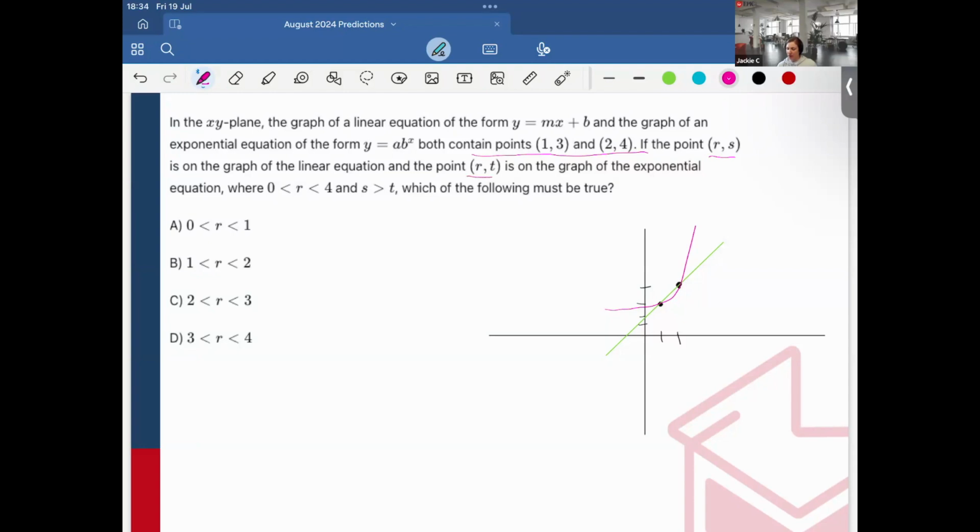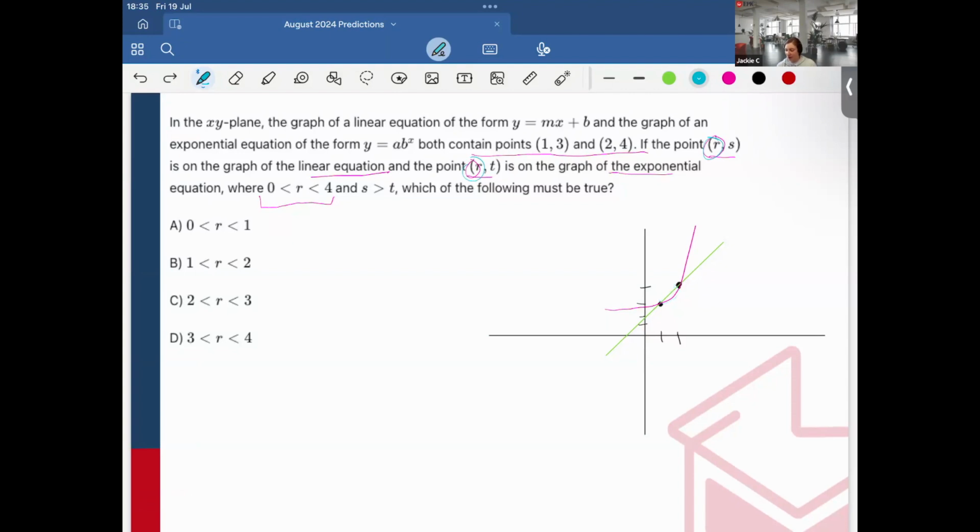And then I'm asked if the point (r, s) is on the graph of the linear function and (r, t) is on the graph of the exponential equation, okay, so they have the same x value, where 0 is less than r is less than 4, and s greater than t, which of the following must be true? If these 2 points are on the linear and exponential graphs and have the same x value, then it's got to be occurring somewhere in between this area where they could potentially be touching each other.